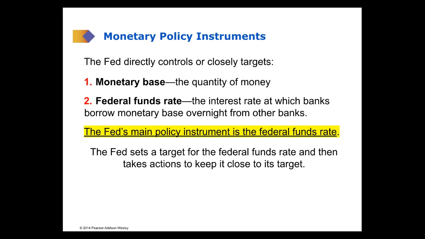But the main policy instrument that they have is this targeting of the federal funds rate. We sometimes call it the Fed setting the interest rate. And what they're really doing is setting the target for the federal funds rate, the rate that banks lend to each other, and then all the other rates wind up being determined by those rates.